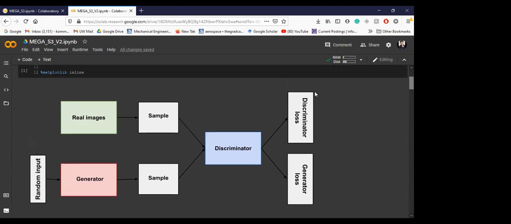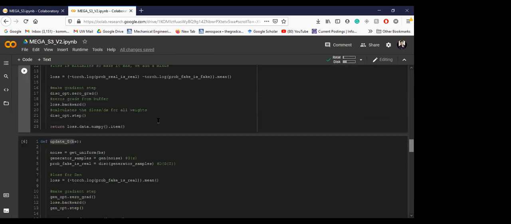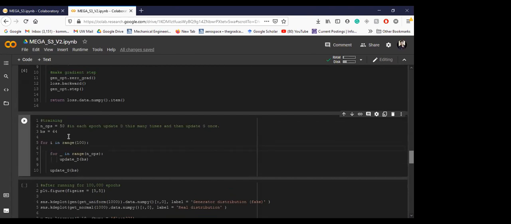So now literally everything is in place and all we have to do is basically train the model. As we have seen before, training a discriminator should be given more weightage. So if we are training the GAN on 100 epochs, I have chosen an arbitrary parameter, n ops is equal to 50.